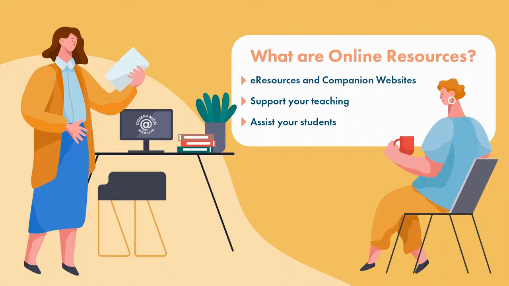These include e-resources, available through the Routledge.com website, or companion websites, which you may need a password to access. These resources can be used by you and your students and will have teaching benefits for your classes and learning advantages for your learners.